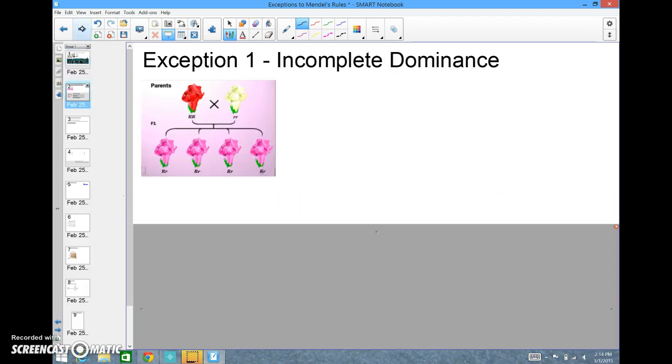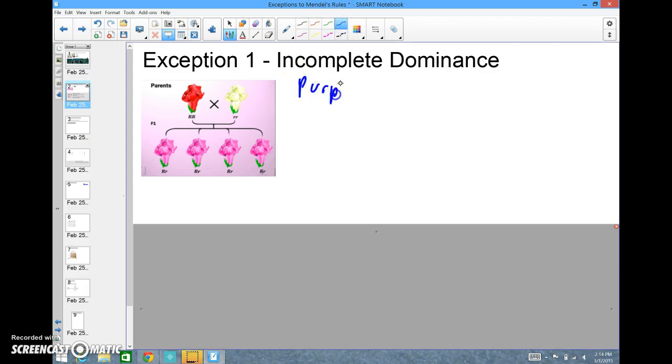So let's talk about our first exception, which is known as incomplete dominance. So typically when we talk about Mendel's rules, what we're discussing is this idea that you have a dominant and a recessive. So let's go with flower color in plants.